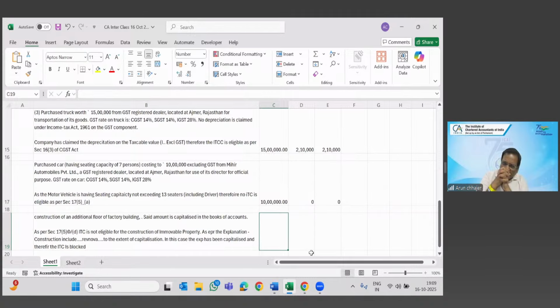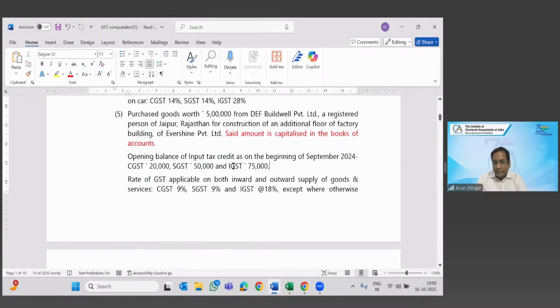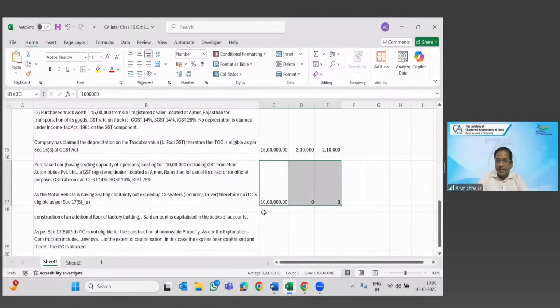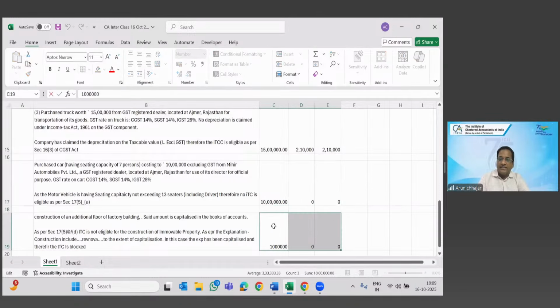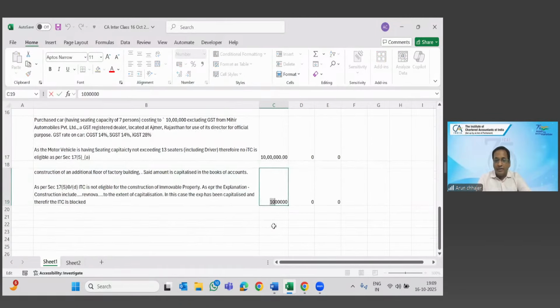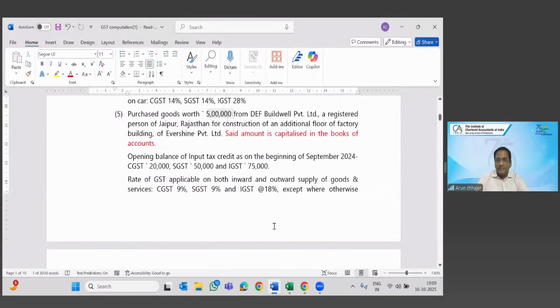Now, I hope you can recall 17 subsection 5 C and D for your better understanding. Let me complete the first question first. So for the 5 lakh rupees, the ITC would not be available. So this would be the ITC part.